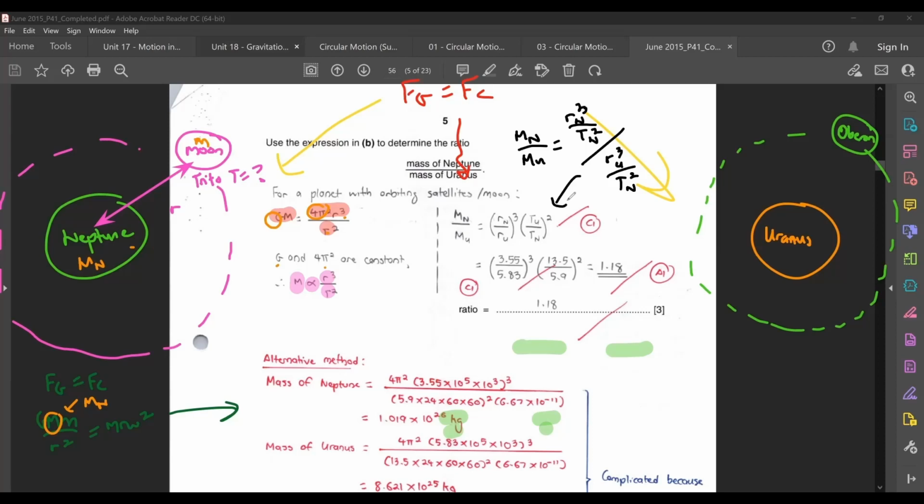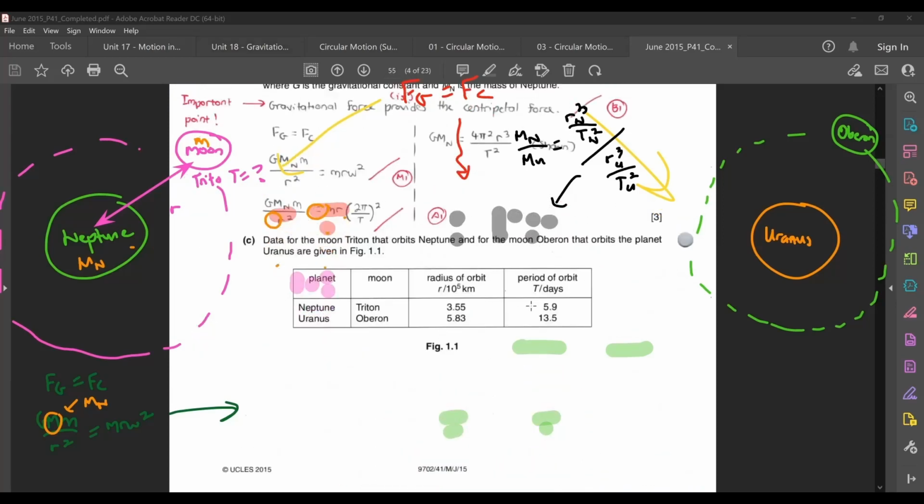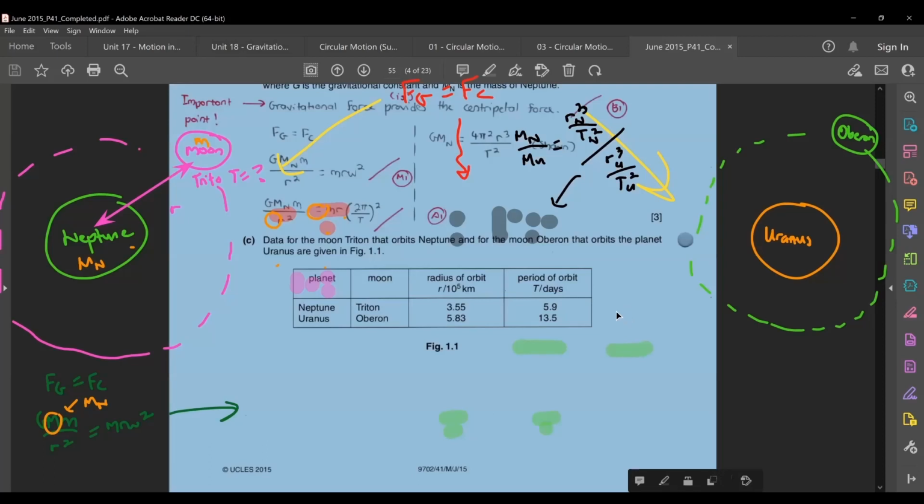Sorry, Tu, my mistake. So eventually you're going to get Mn to Mu equals Rn to Ru cubed, Tu to Tn squared. So those values of radius and period, you already have them from the previous page. You know the period, you know the radius.